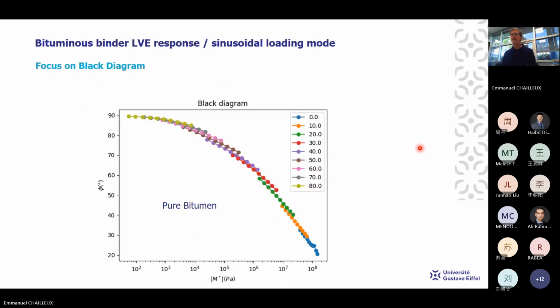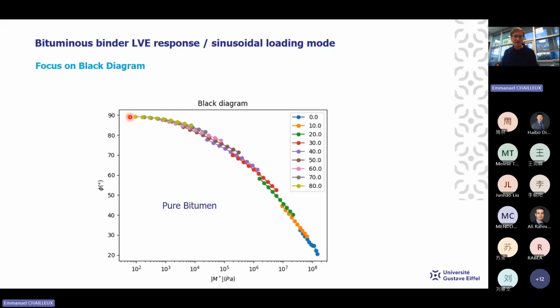So here it's another black curve for pure bitumen. What we observe is at high temperature, we reach 90 degrees in phase angle for very low stiffness. It means that here at high temperature, so typically here 80 degrees, we are in the Newtonian domain.